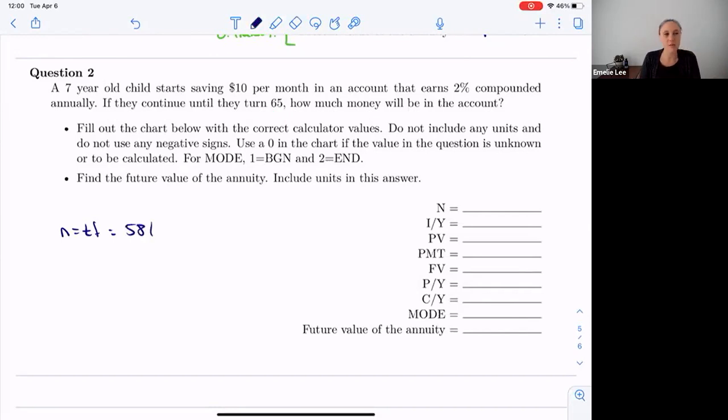And they're making monthly contributions, so 12 times per year, 696. So my N here is 696 payments of $10 each.